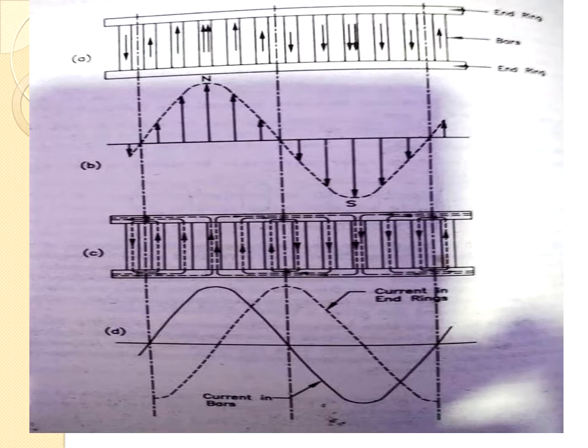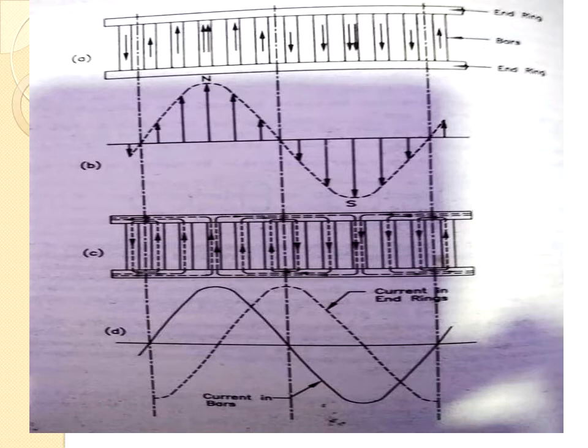But the third loop is related to both nearest poles. Hence, it carries the current both sides. Hence, you are getting the zero effect. You can observe in D, the end ring current is zero with respect to that. So you can practice this diagram, bar currents and end ring currents.